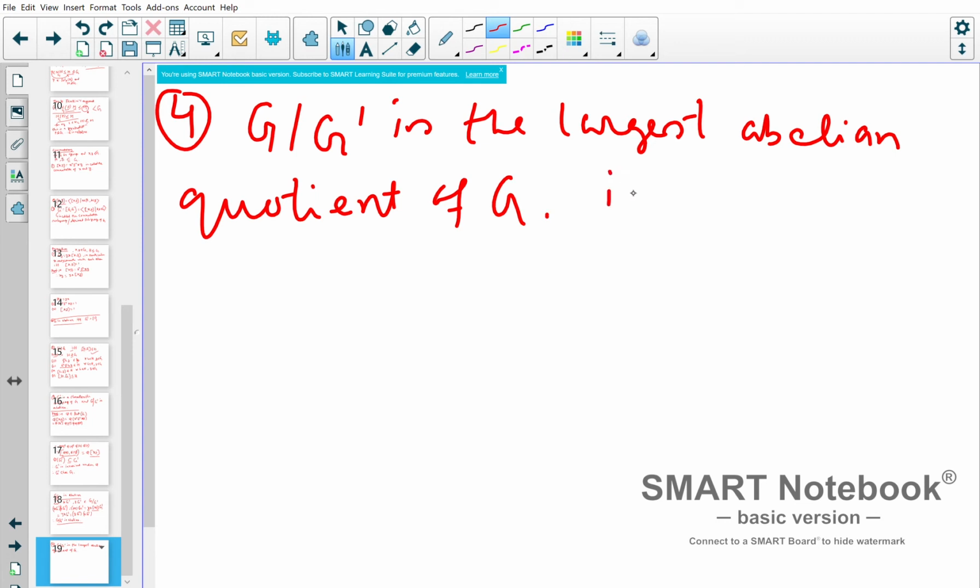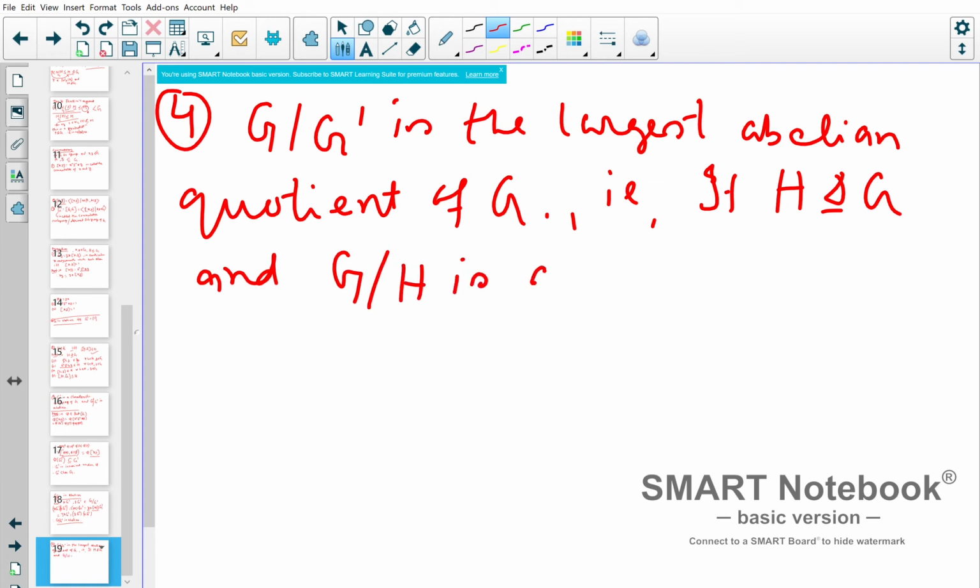If H is a normal subgroup of G and G mod H is abelian, then G mod G dash is bigger than G mod H, which means G dash is sitting inside H.